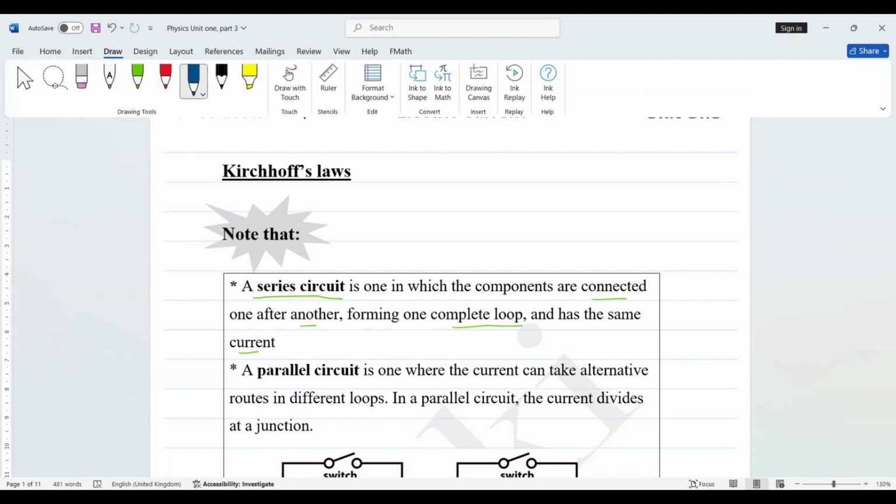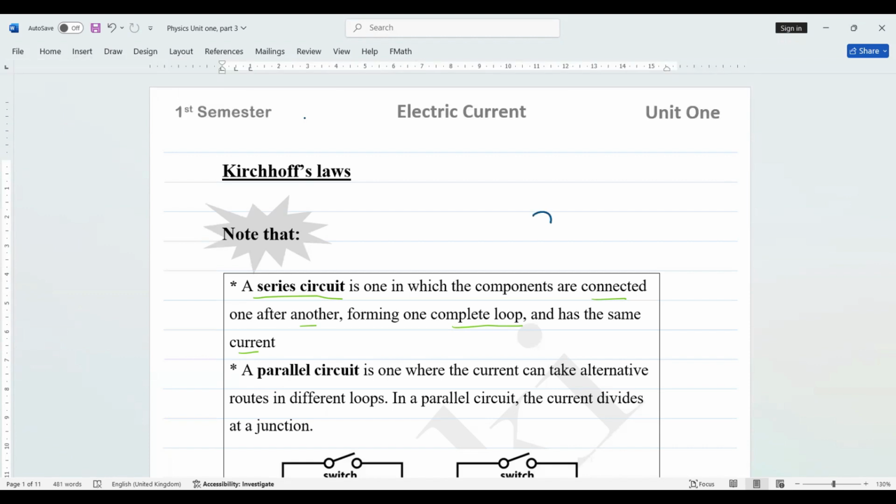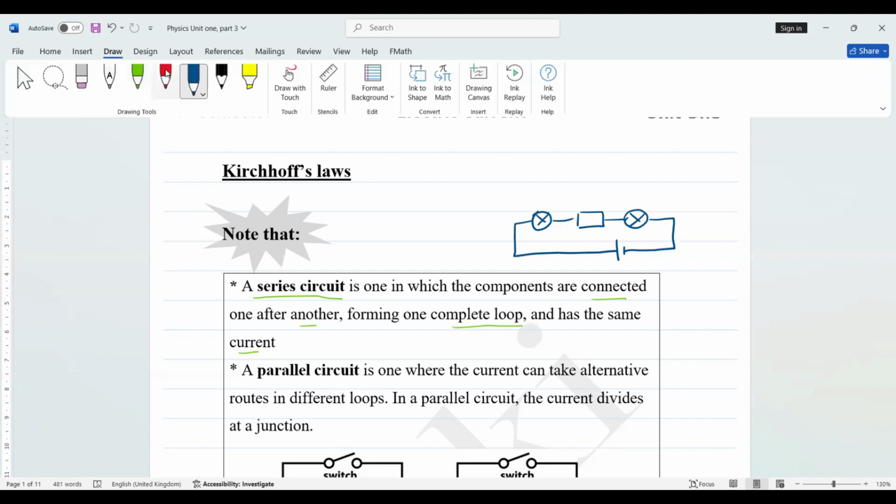For example, like this. This is a bulb, and then this is a resistor, and then this is a bulb also, and so on. Then they are connected in series. In that connection, we have one path of the current.